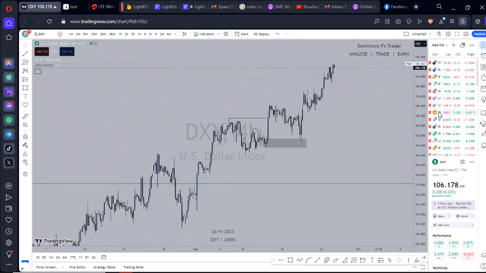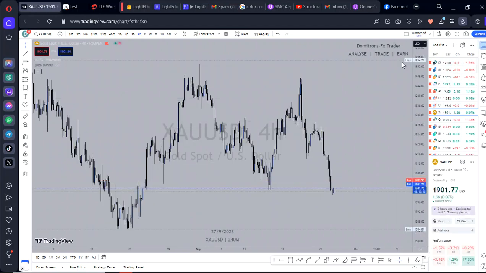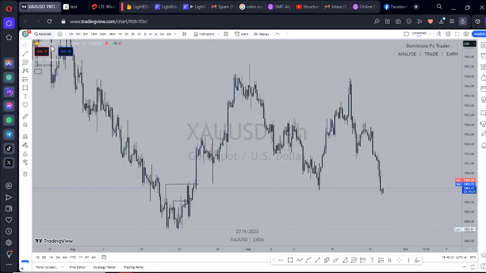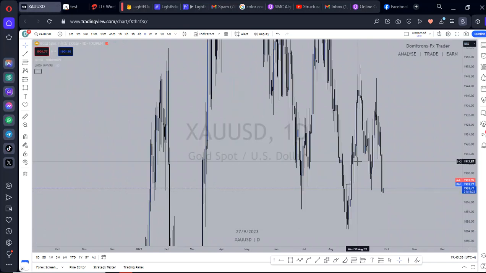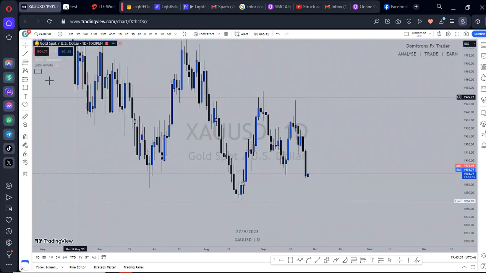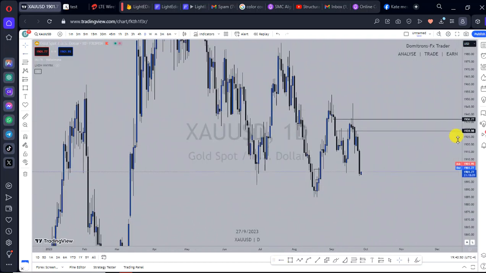I also talked about gold, and when I talked about gold, it traded into a fair value gap on the daily time frame. Now I know most of you were thinking we're going bullish, but I already explained this gold a long time ago, at the beginning of this year, in February.